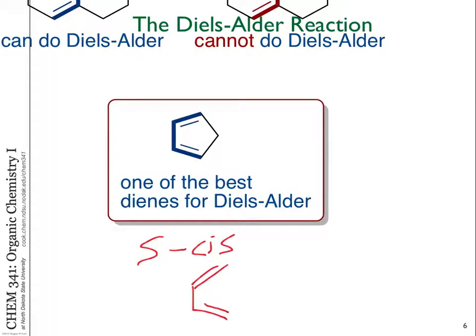But it also has some strain associated with it because in a 5-member ring, the bond angles aren't quite optimal. An sp2 hybridized carbon would have 120-degree bond angles, right? Well, that's being compressed to less than 120 degrees in that 5-member ring. And so what that does is provide some strain energy to that molecule. So that actually makes it a little more reactive. And so it wants to alleviate that strain, and by doing so, it does Diels-Alder reactions very well.